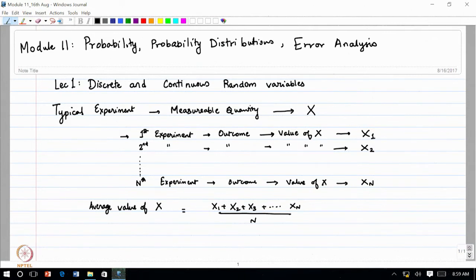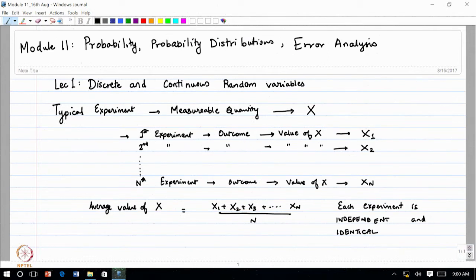There is an assumption, I will just state it here, that each experiment is independent and identical. Each experiment is completely identical, and it is independent of each other.